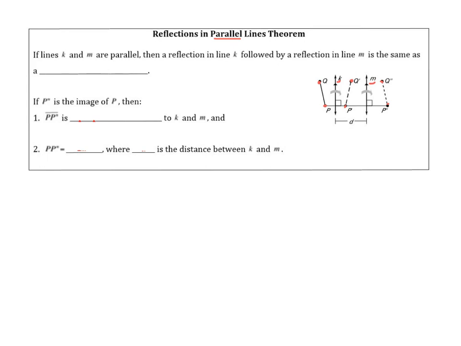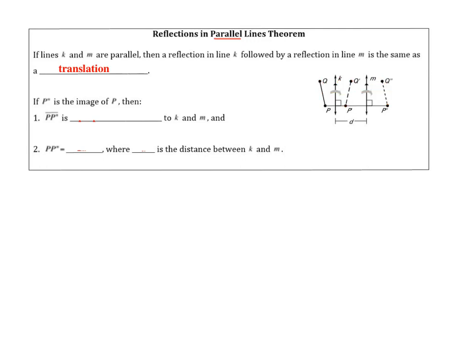So if I compare my original QP to my final Q double prime, P double prime, it almost looks like all I did was slide that segment to the right. So anytime you have a double reflection like that over parallel lines, it's going to appear as though it was just a translation.